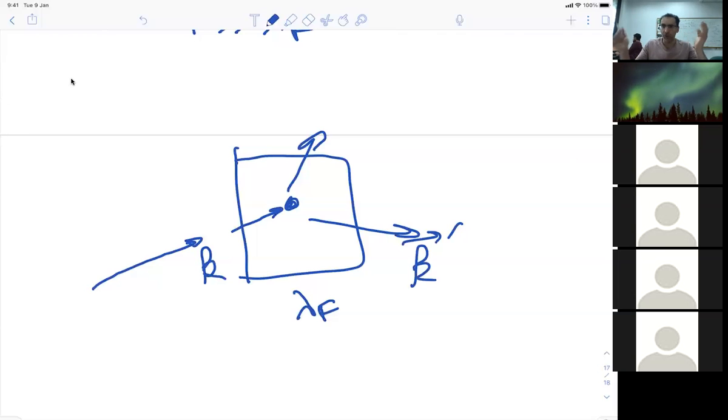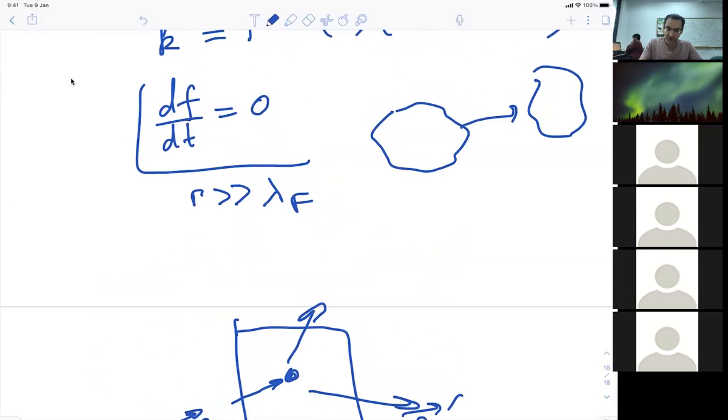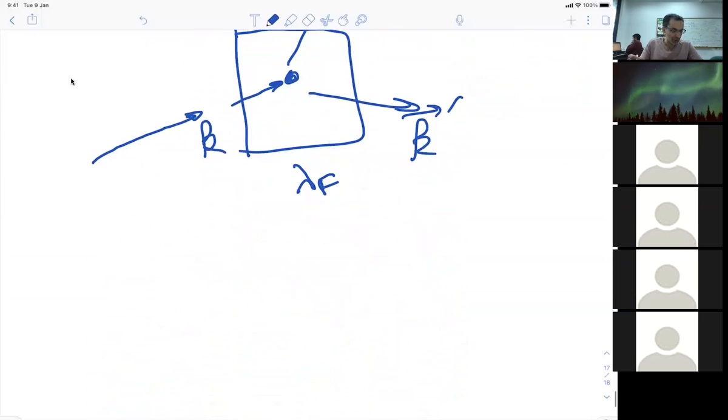And though, of course, the total number of particles is conserved, the statement that df, the full derivative of the distribution function, is equal to 0 is no longer true. So the number of particles in the phase volume in the unit cell is changed.